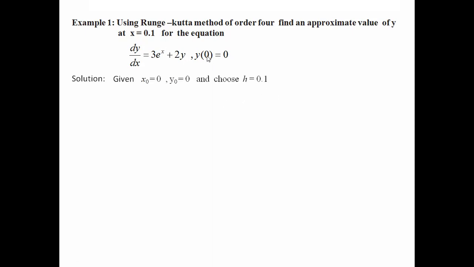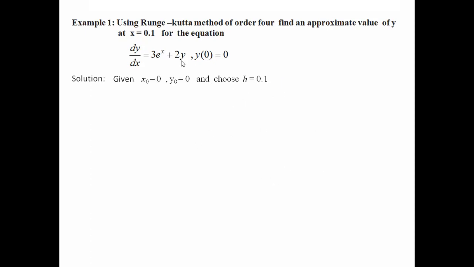So first identify x0 is 0, y0 is 0, and choose h equal to 0.1. In the exam, if it is given, no problem. If it is not given, we should take care which value we take as h. Here the solution at 0 is given, and I need the solution at 0.1. So this length is 0.1 minus 0, which is 0.1, and you take that as h.